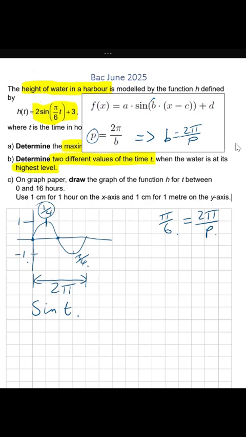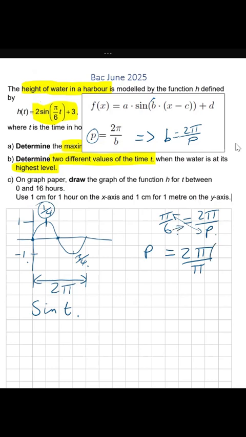I'm going to do some cross multiplying there, and I will end up with P coming up to the top, dividing across by pi. That will give me 2 pi over pi. I cross multiplied, I exchanged places, my P and my pi there. And the other thing that I'm going to do is multiply both sides by 6. That's going to bring that 6 up as well.